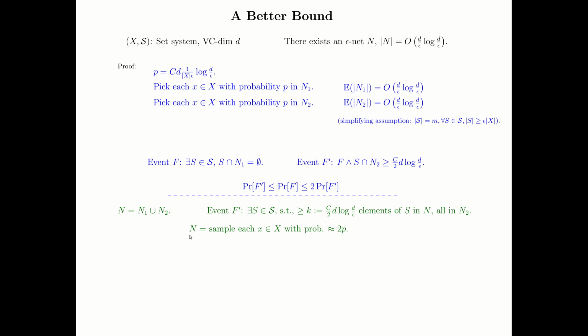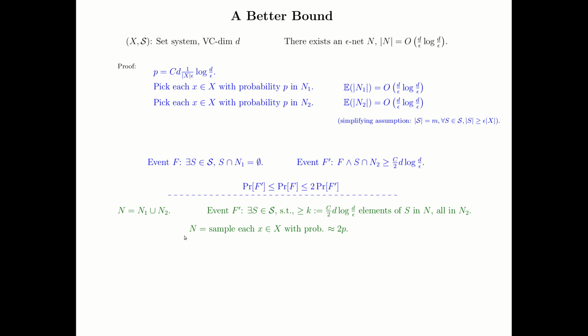But we can look at N in the following way. We can consider N to be a sample where we have sampled each element of X with probability roughly 2 times p. The exact value of the probability will not be 2 times p, but it is very close to 2 times p, and you can easily figure it out by solving a quadratic equation. This is true because N1 and N2 are two independent samples.